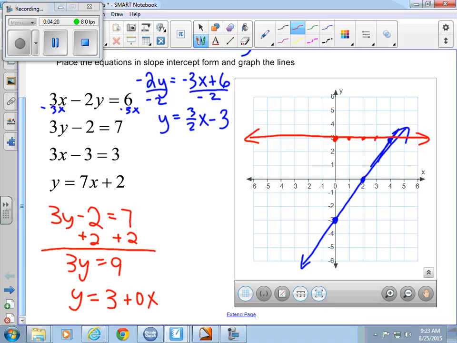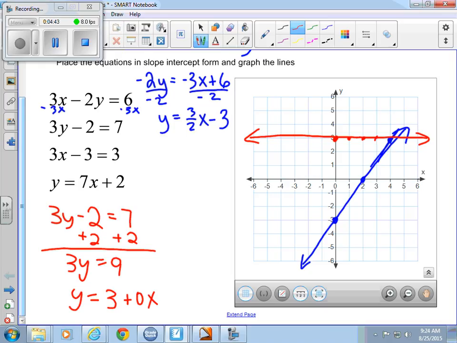I could. It'd be silly, but I could. So the slope of that line is 0. You might want to write that down. The slope of a horizontal line is 0. Any questions about that one?